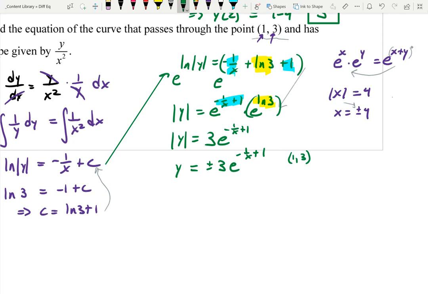So if I plug 1 in for x, I need to get 3 for y. So I have 3 is equal to plus or minus 3. I need to choose the plus, not the minus. So what that tells me is that my final answer is 3e to the negative 1 over x plus 1.